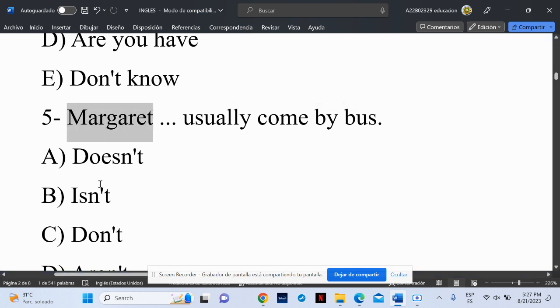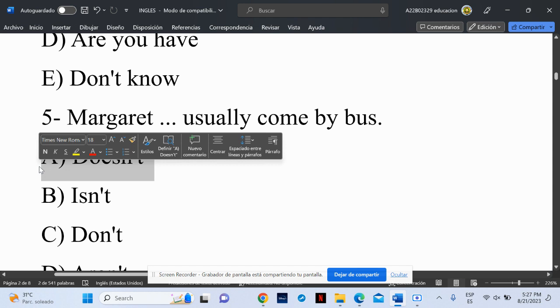Por ejemplo, if you use a pronoun, you will use does. Como aquí tenemos la expresión negativa, you will use doesn't. Margaret doesn't usually come by bus. O sea, en esa expresión, como estamos hablando de un pronombre, este pronombre se va a utilizar en este caso does. Y como es la forma negativa, doesn't. Doesn't es la forma negativa para esta expresión. Por tanto, la opción A va a representar la opción correcta.